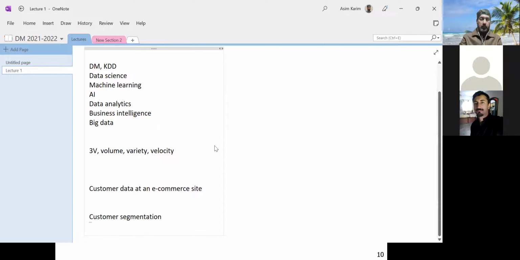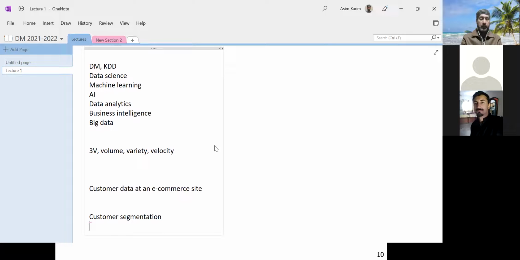But customer segmentation is basically trying to understand your customer. You might want to find a group of customers who are interested in clothing items, a group who are interested in groceries only, a group who typically buy electronics. So discovering such segments is an example of data mining.